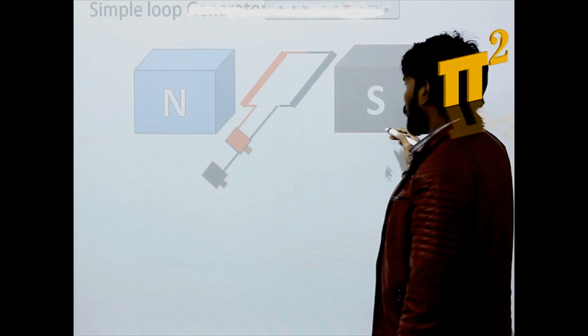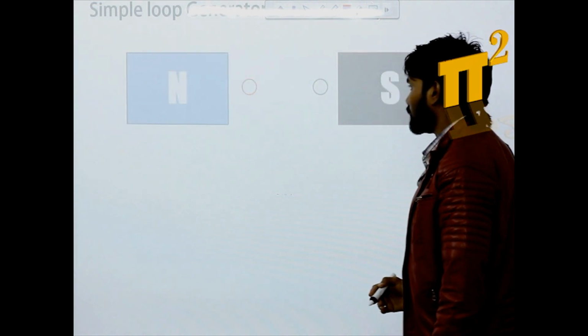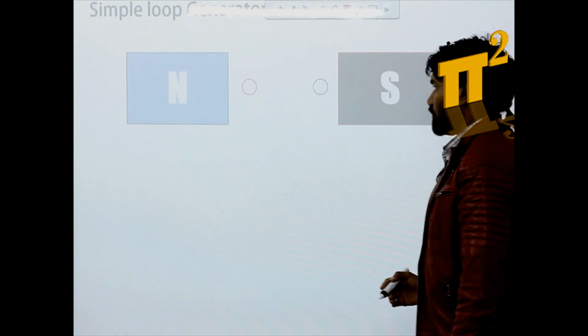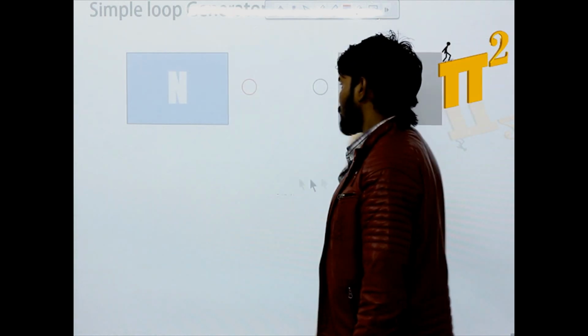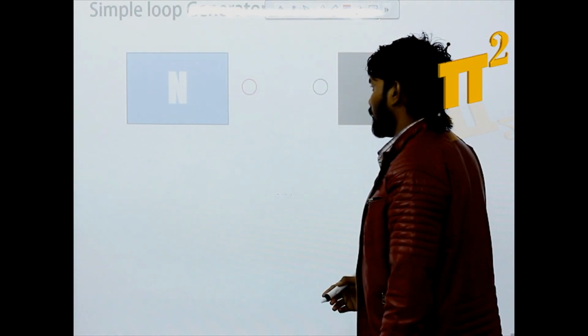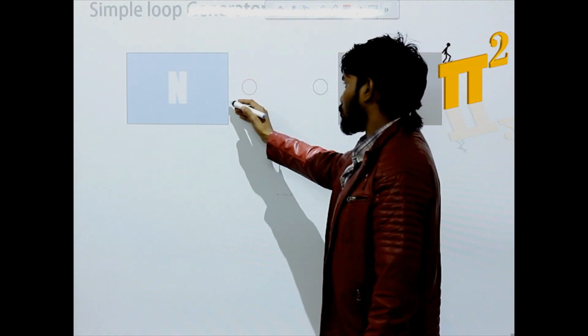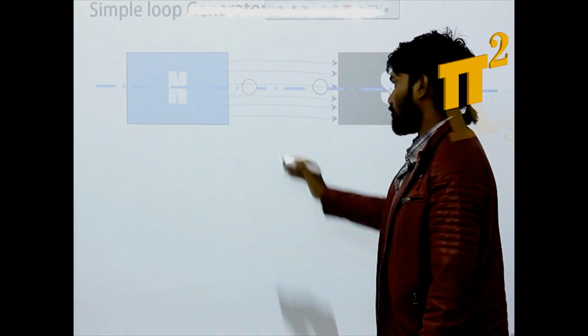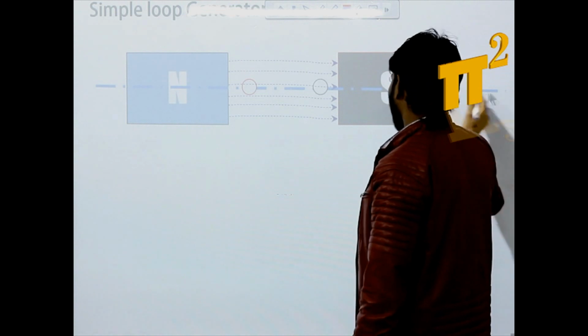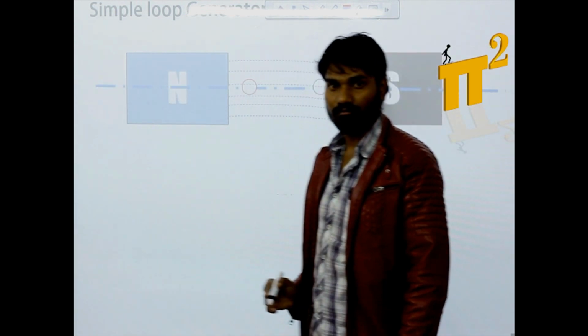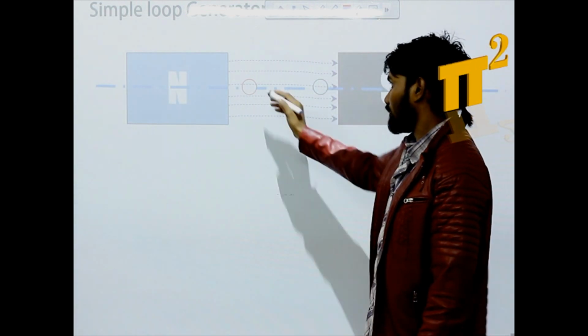Let's look at the two-dimensional view of this. Just say poles and conductors. Flux flows from north to south. This is the flux direction and this is the flux axis. These two are conductors.